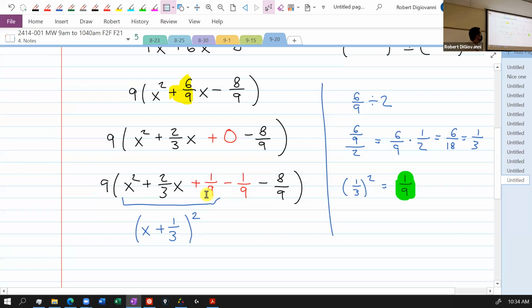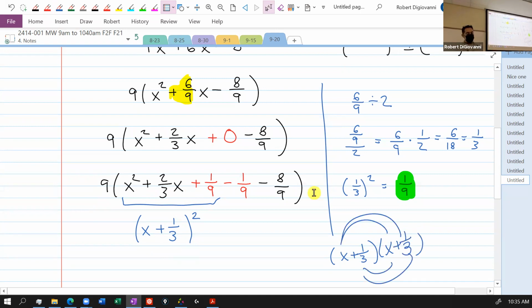Those three terms are this thing squared. Where did the 1/3 come from? That 1/3 is always this number here. If you don't believe that's true, just go to the side and do x plus 1/3 times itself, and do your FOIL. I promise you, when you're done, you will get the first three terms here. Promise.